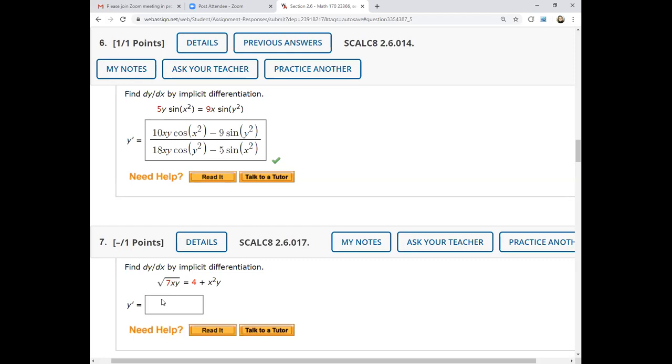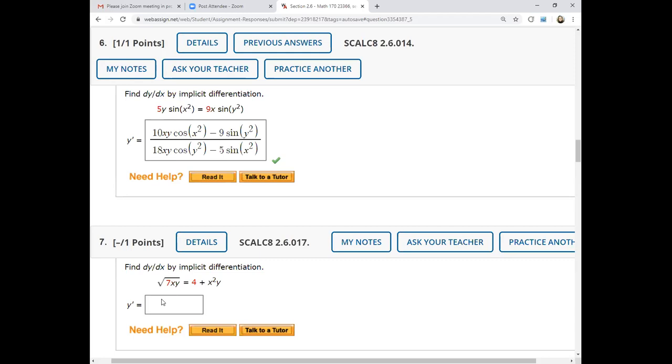So then we're going to multiply the first two terms, we get 7 halves, and then we have y over the square root of 7xy. I'm going to put the 7xy under a radical at the bottom.